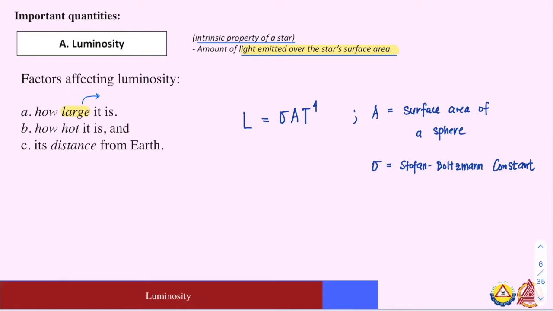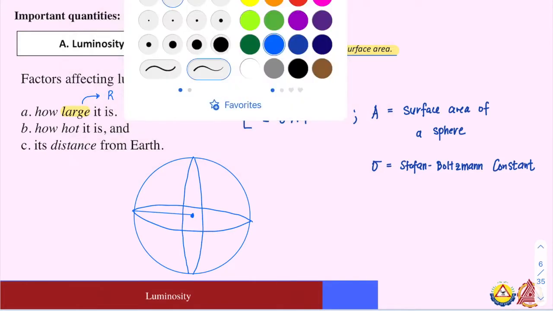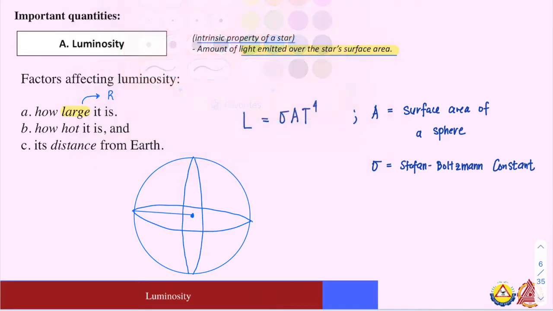And when we talk of how large, we are actually talking about the radius of your star, because for simplicity, we assume that the star has a spherical shape, just like what I am sketching here. Syempre, the size of the star, how large your star is, is a function of its radius r here. That's what I am trying to write here, radius r.